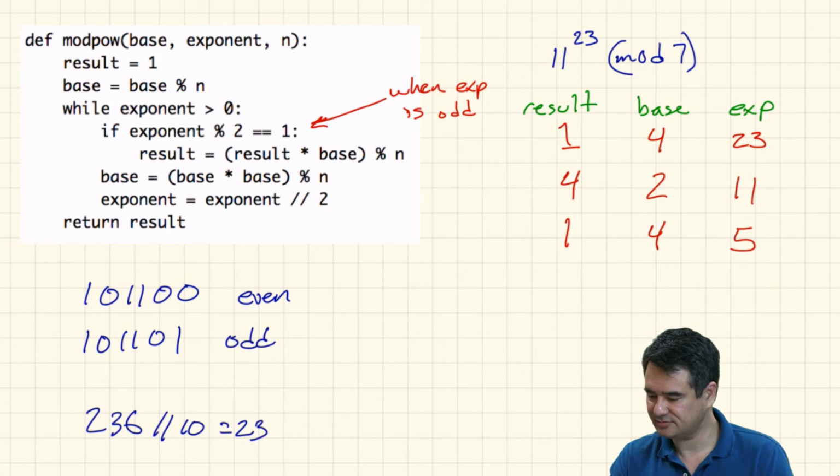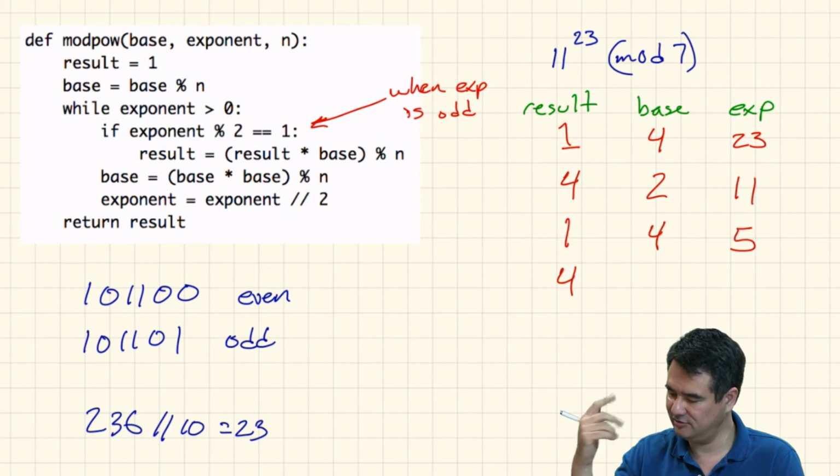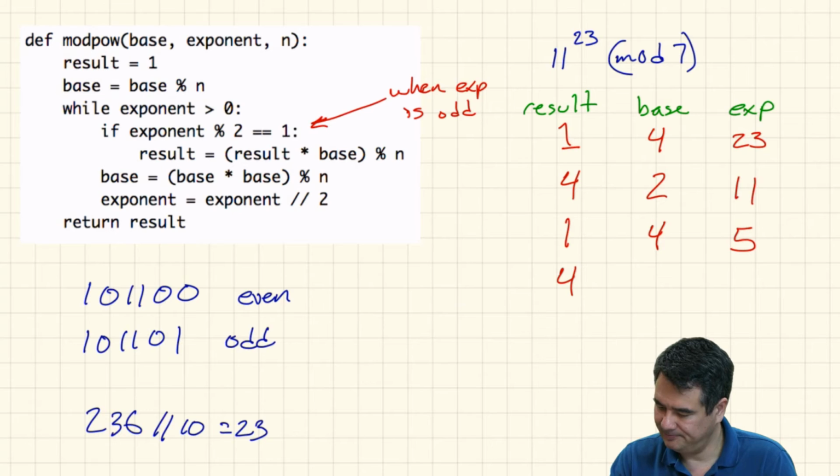Repeat. Exponent is greater than 0 and odd, so result equals result times base: 1 times 4 is 4, modulo 7 is 4. So the result is flip-flopping between 1 and 4. Then base gets squared: 16 mod 7 is 2. The exponent gets divided again, and we end up with 2.